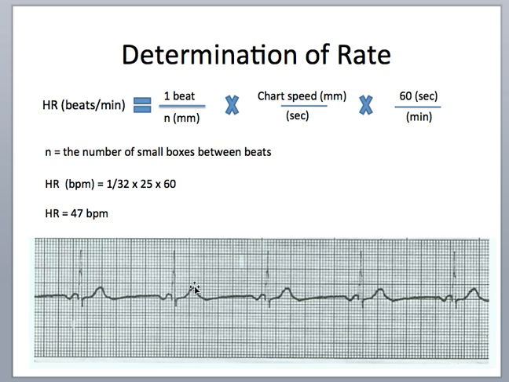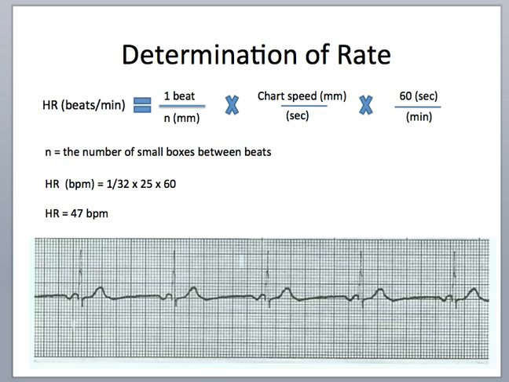So the way you do that, each one of these boxes on an EKG strip is worth a specific amount of time. Now, each one of these boxes is also divided into the tiny little boxes that you can see as well. So when we're going to calculate our rate from just using this strip without anything else, you need to make sure that you go from QRS complex to QRS complex.